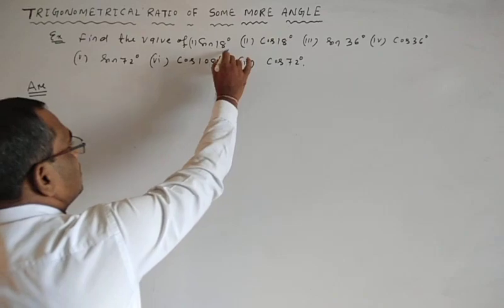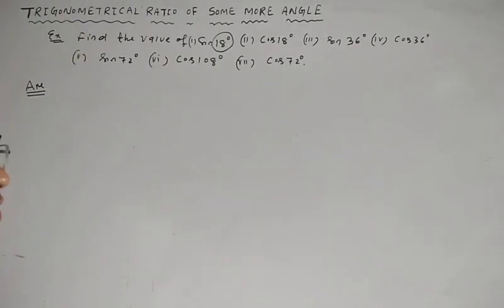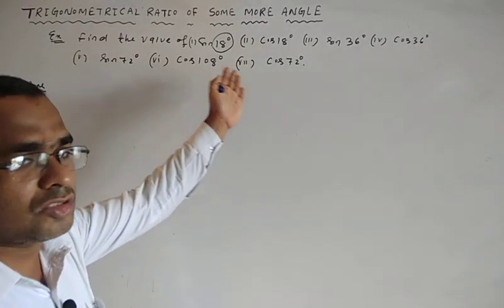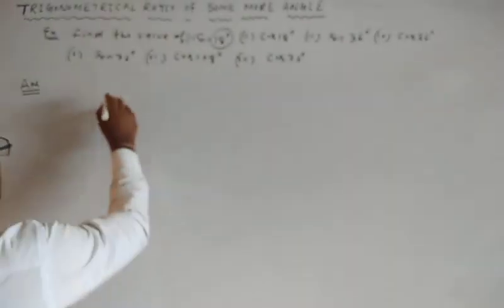First you have to take this 18 degree equal to theta. Okay, so in order to find sin 18 degree, first we substitute theta equal to 18 degree.